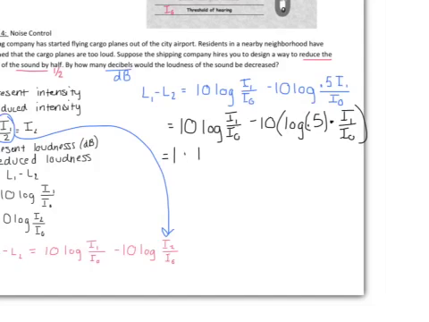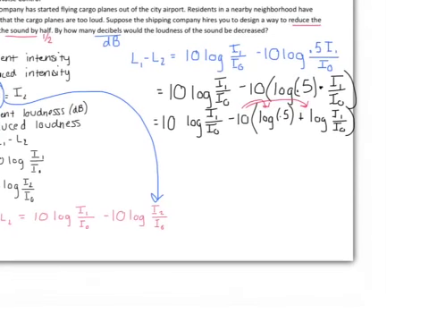Okay, so the front is still the same, minus 10, and then in parentheses we'll have log of 0.5 plus log of I1 over I naught. The reason I put it all in parentheses and kept the 10 separate is that now we're going to distribute this 10 to both.